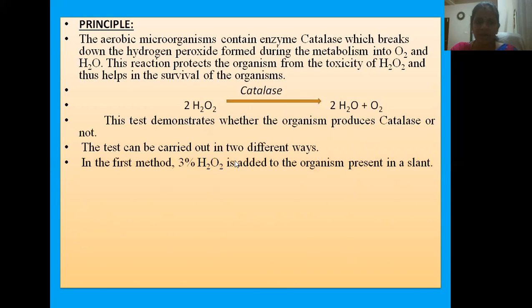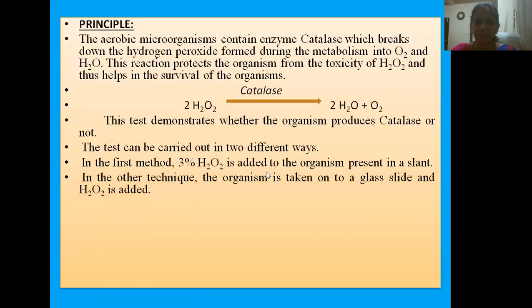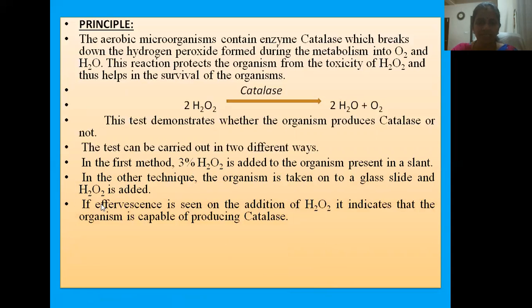The test can be carried out in two different ways. In the first method, 3% hydrogen peroxide is added directly to the organism present in a slant or on the culture plate. In the other technique, the organism is taken onto a glass slide and hydrogen peroxide is added.